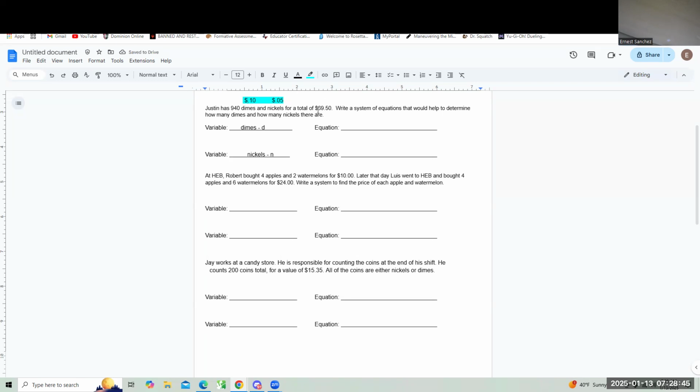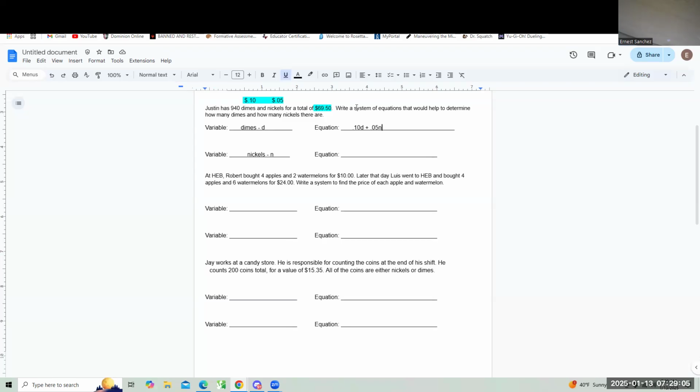So my first equation is going to be everything with a dollar symbol. So 0.10 D, since 10 cents is worth a dime, plus 0.05 N, because it's a nickel. Now, they will try to trick you on this.